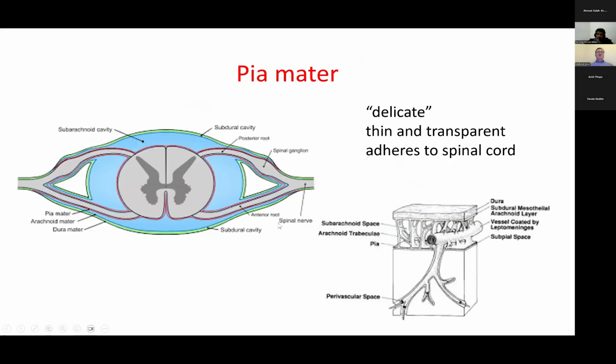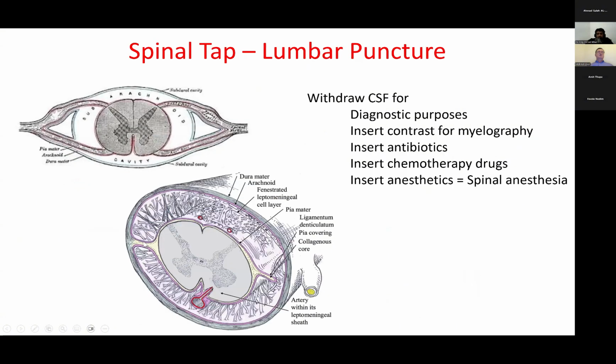And then the conjugations of pia mater also make dentate ligaments. In the past, we used to do dentate ligament incisions to make some decompression of the spinal cord, which we then abandoned because it doesn't make much sense to release the spinal cord by cutting dentate ligaments.